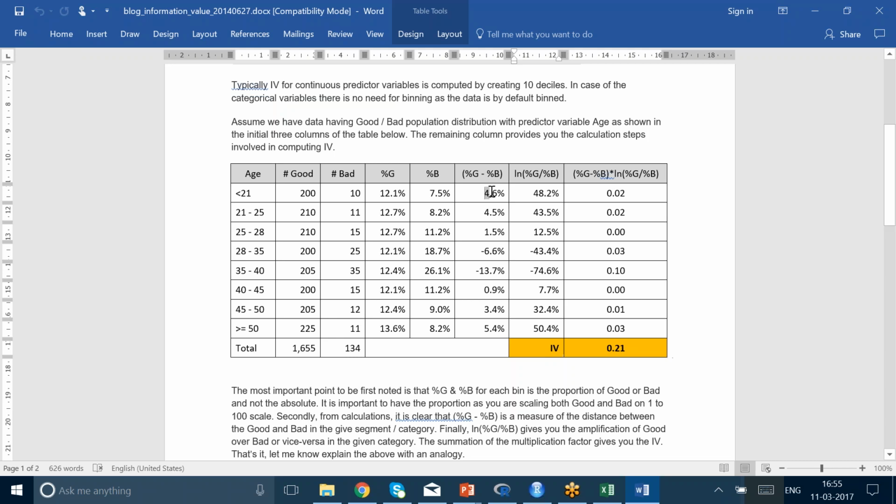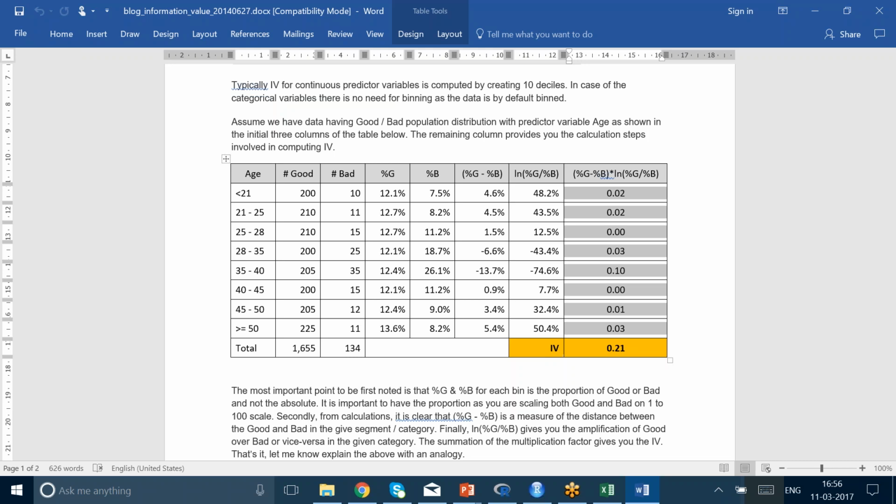Then I multiply this number with this number and the product will come here. Likewise, I have to compute multiplication for each of them, and the corresponding numbers will keep coming here, and then I add all of these, and that number which I get is called information value of that variable. So IV for age would be 0.21.